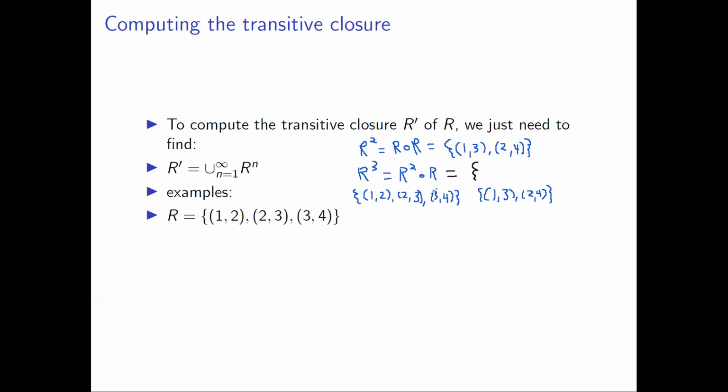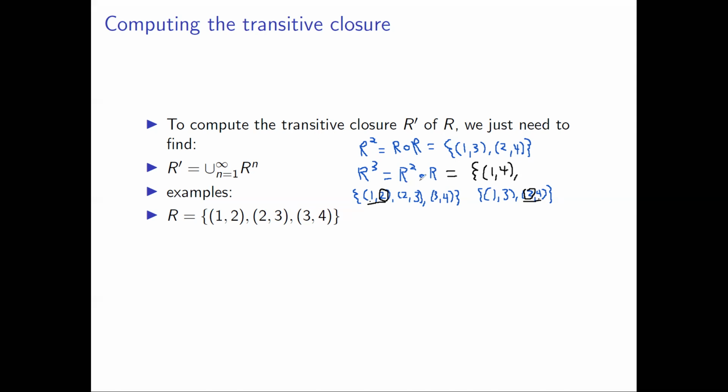So the composition of these two, r squared composed with r, we take each element of r, we look at its second term, and we try to find a first term in r squared which matches that. So the 2, we need a 2, so 2 is the first term right there. We take the 1 from here, the 4 from here. That gives us a 1, 4.